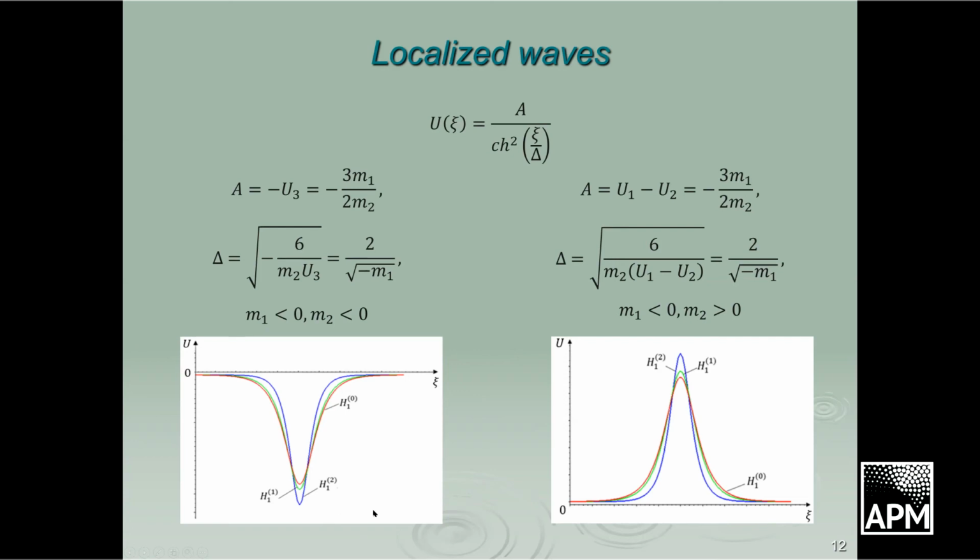Also in this picture, we can see the dependence of its form on the external magnetic field intensity. We can see that with the growth of the external magnetic field intensity, the amplitude of the soliton is getting bigger while the width decreases. In the case when our coefficients, particularly M1 is negative and M2 is positive, the expressions for the amplitude and the width of the soliton have the following form.